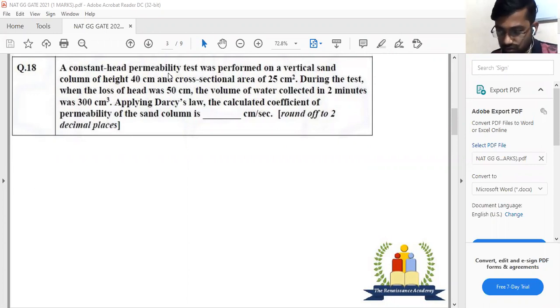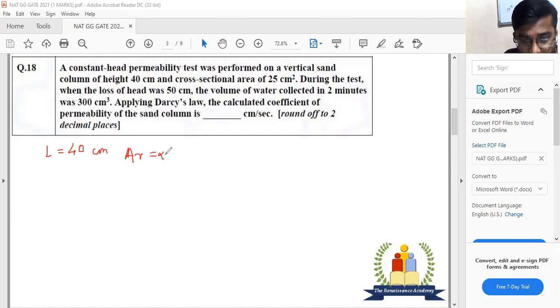Okay. So now in this question, we need to use Darcy law. So here we can say that let's say L is given. So length is 40 centimeter. Then we have area, cross sectional area. Area is 25 centimeter square.